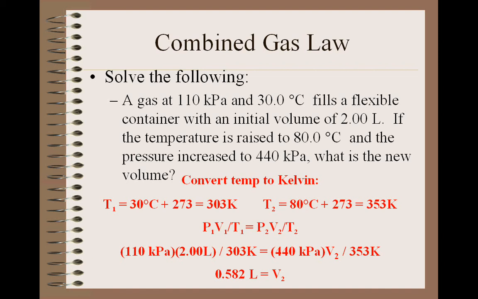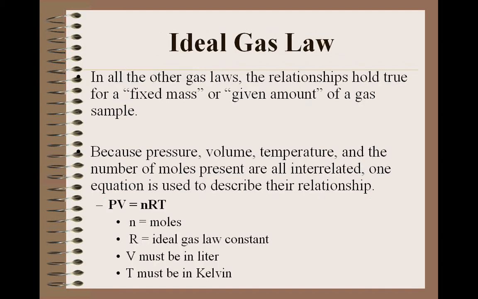So pressure 1, which is 110 kilopascals, times volume 1, 2 liters, divided by 303 Kelvin, is going to equal 440 kilopascals, that's my pressure 2. We don't know our second volume, but we're going to plug in V2 for that and divide by 353 Kelvin. Solve for V2 using some algebra, and I come up with an answer of 0.582 liters for my final volume.